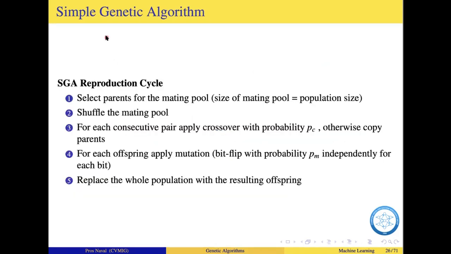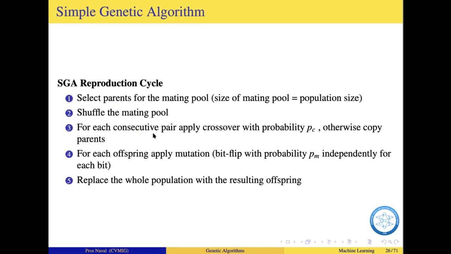The SGA has the following reproduction cycle. First step is selection of parents for the mating pool. The size of the mating pool is your population size. The next step is to shuffle the mating pool. So from the many possible parents, you choose pairs, and then the pairs generate offspring.